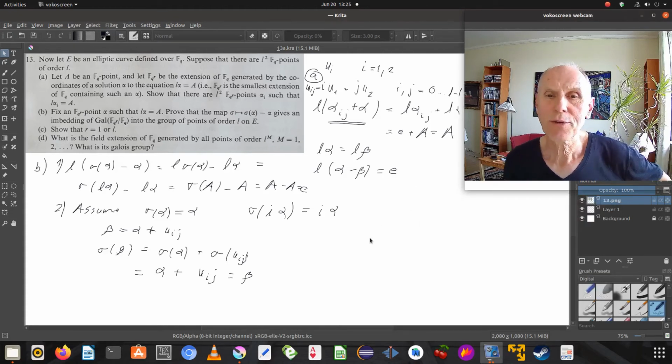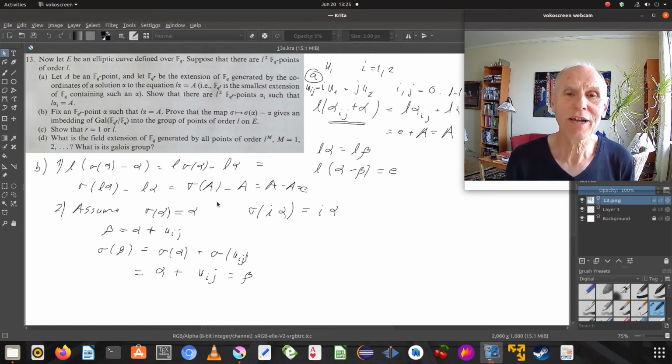I have had my lunch now, and I think I have an idea. If we have to prove that sigma has order at most L, let's try to compute sigma squared.